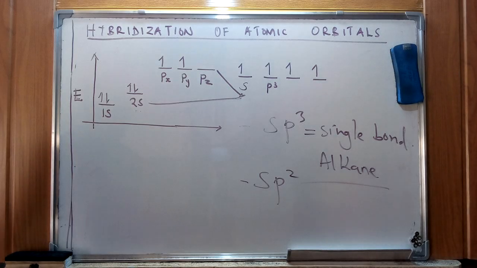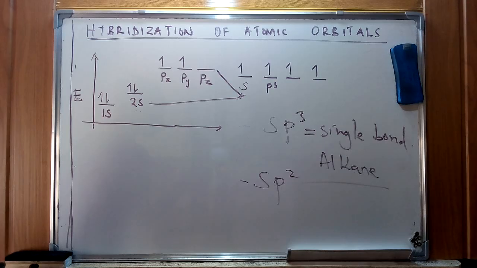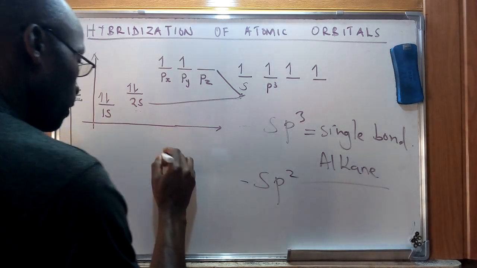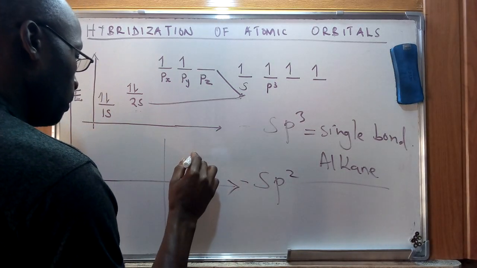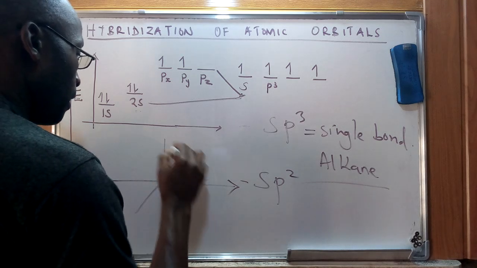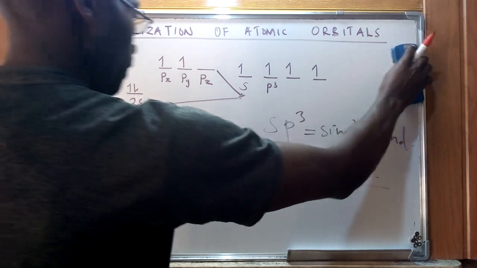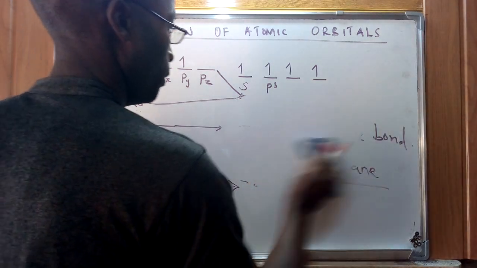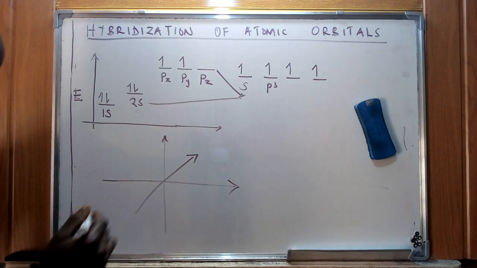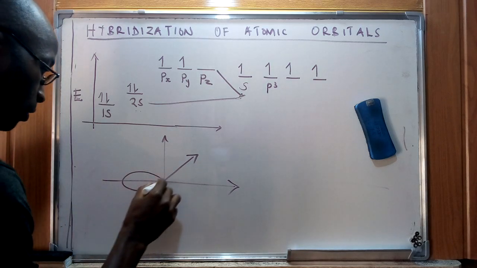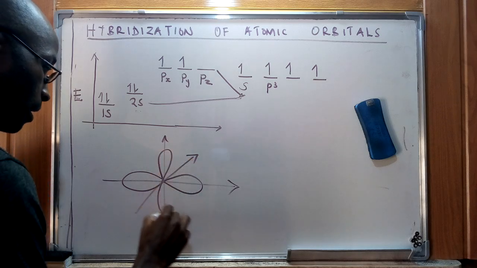And that one we can illustrate using this specific diagram, whereby we are going to have this particular set of orbitals for the p orbitals. So we're going to have this one illustrated as the p orbitals lined along that specific line, and another one.